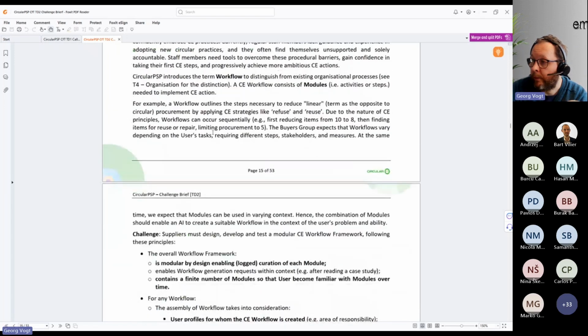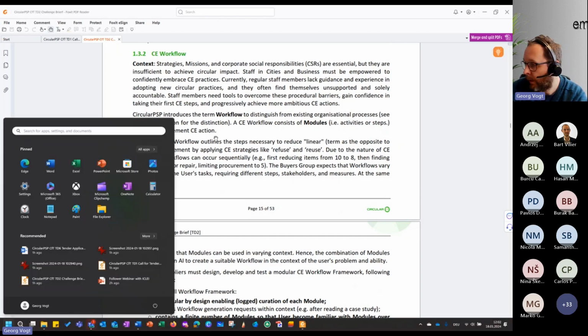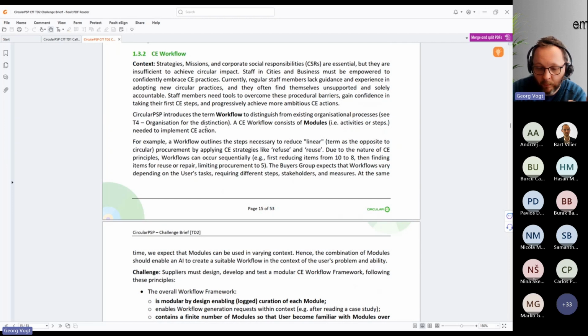The workflows is the day-to-day work. So basically what I do as a municipal worker on a day-to-day basis. And a workflow is constituted of multiple modules. A module you can consider to be a template or a framework or whatever language you want to use. Let's consider the business canvas is one module.